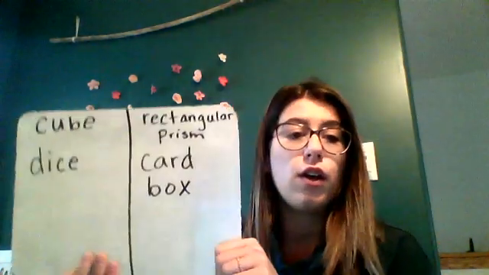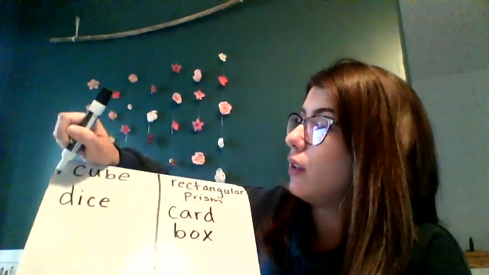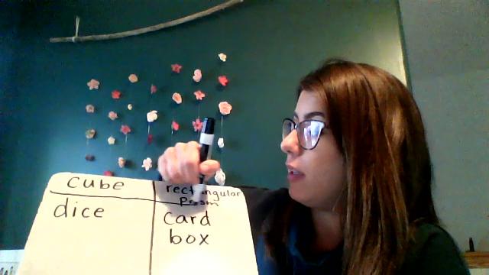Pretty cool. So your job today is to go around your house and find cubes and rectangular prisms in your house or outside. So we found a dice and a card box. Okay, so you'll need a whiteboard or a piece of paper.